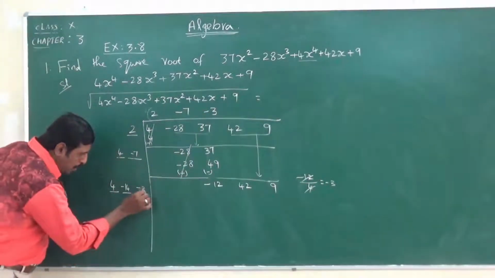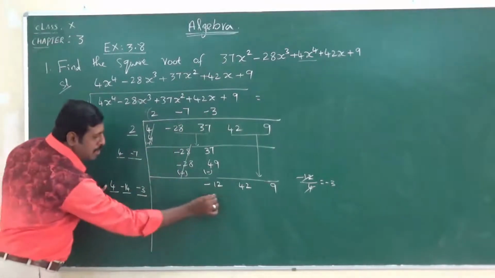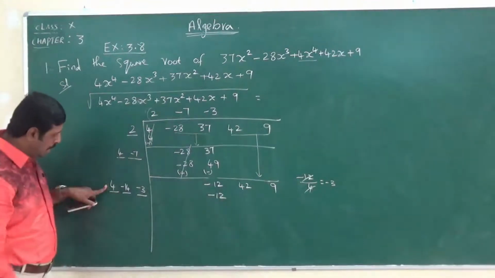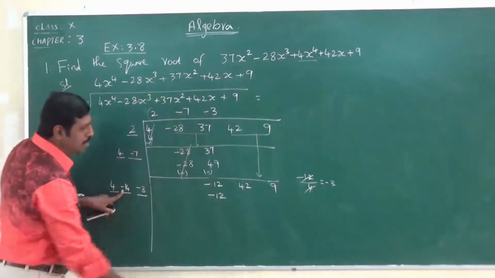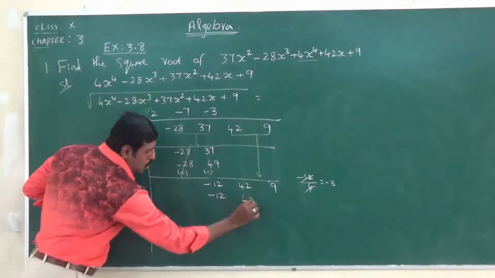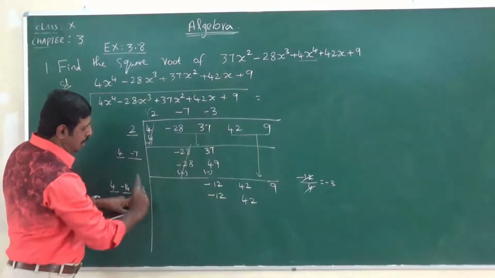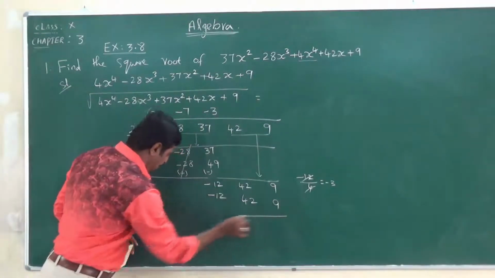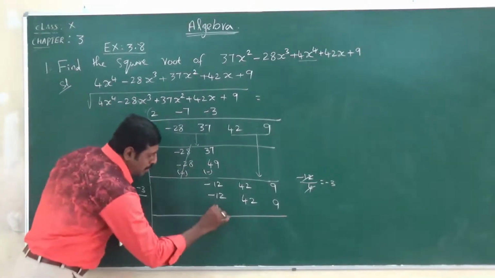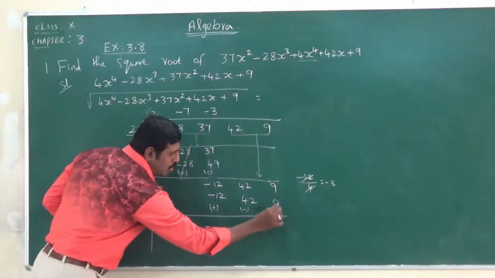And here also we put minus 3. So minus into plus, minus 3 fours are 12. Then minus into minus, plus 3 fourteens are 42, and then minus into minus, plus 3 threes are 9. Now we have to change the symbol for subtraction. Here we have plus, so we put minus. Here also we have minus.